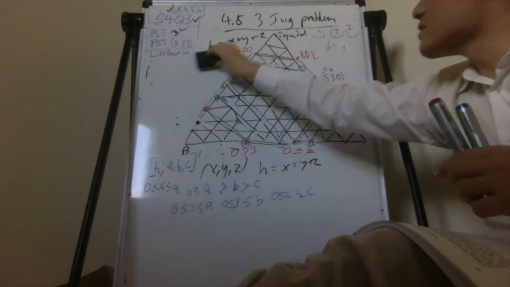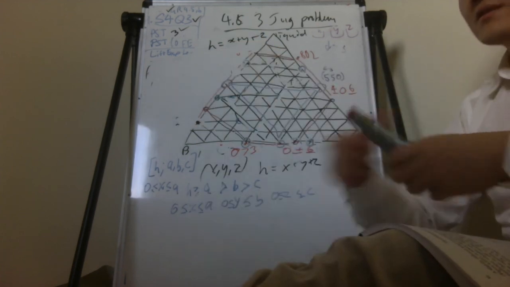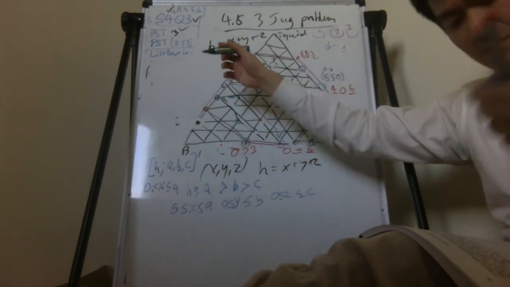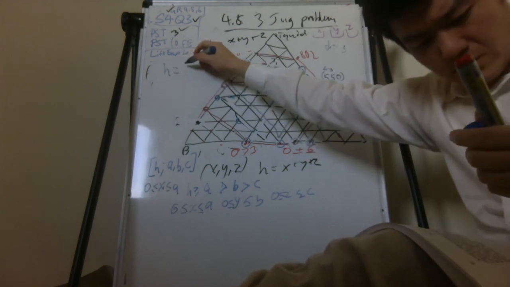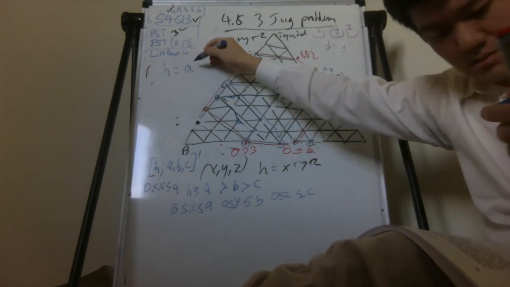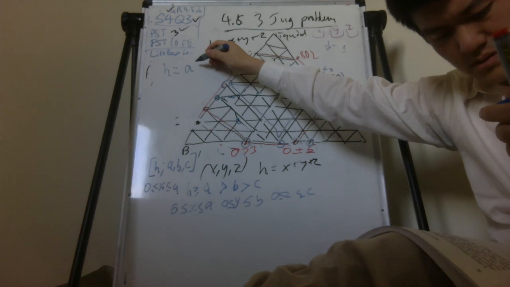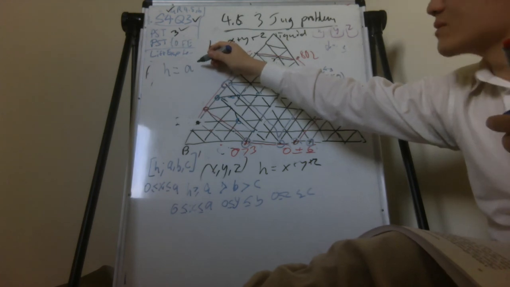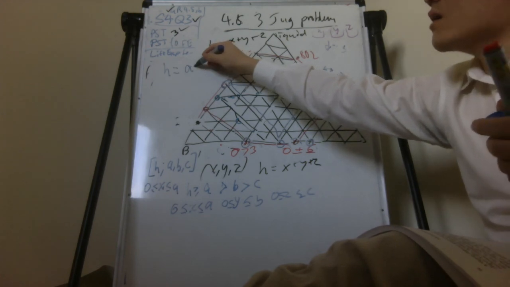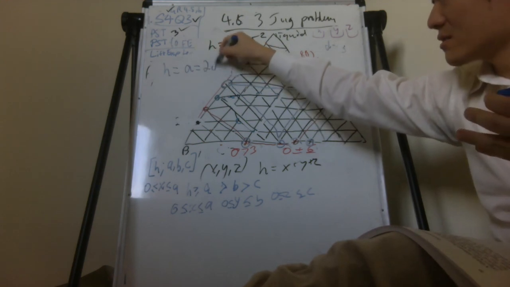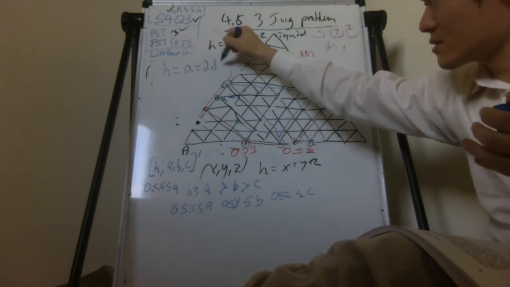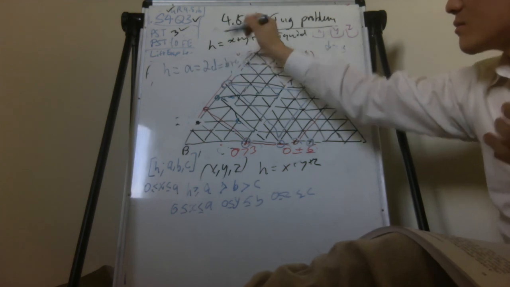See, if you didn't take the time to understand the previous stuff, it does slow you down a lot. So it's H equals A. What does that mean? Oh, okay. A has capacity H, and B plus C have the same capacity as A.